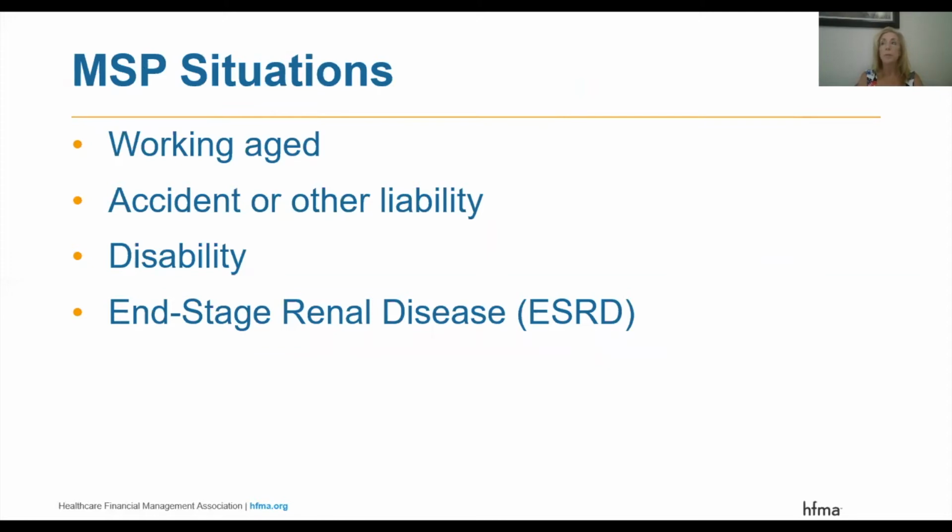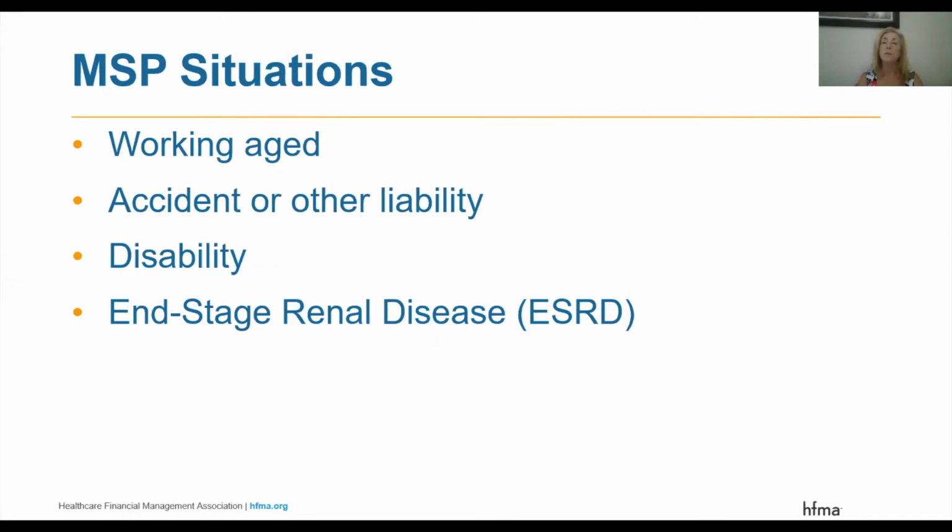A group health plan, or GHP, is a group health insurance plan provided by an employer that has 20 or more employees. If the employer has less than 20 employees, the group health plan does not qualify as the primary payer, and Medicare is billed as primary.